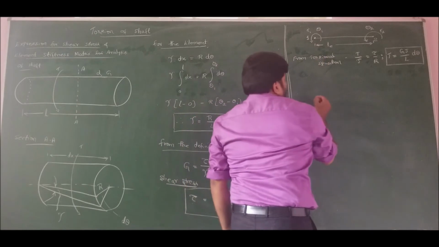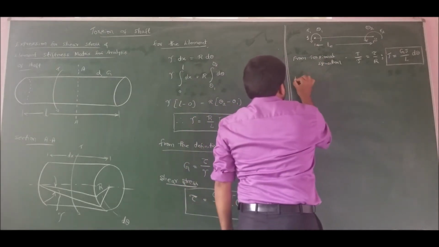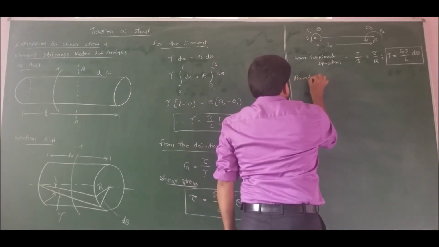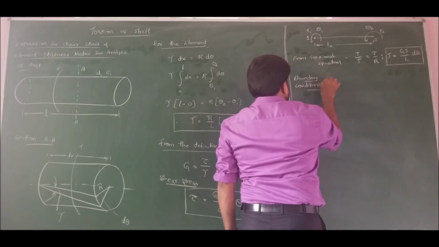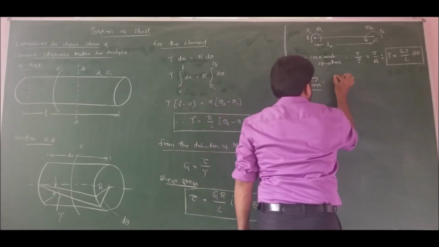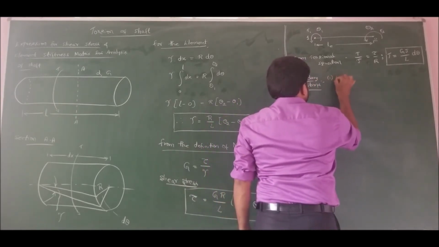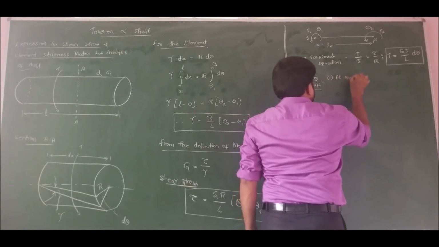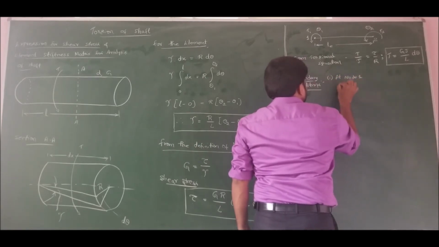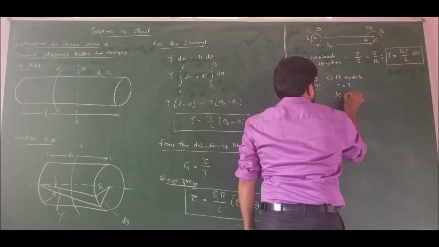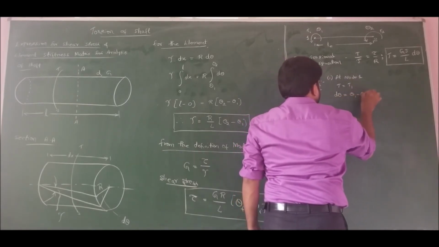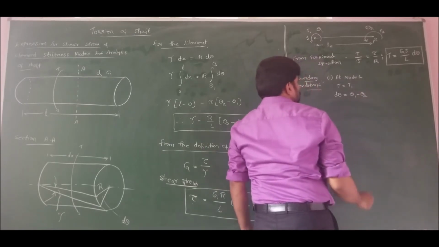Applying the boundary conditions of our finite element model, at node 1, T is equal to T1 and d theta is equal to theta 1 minus theta 2.